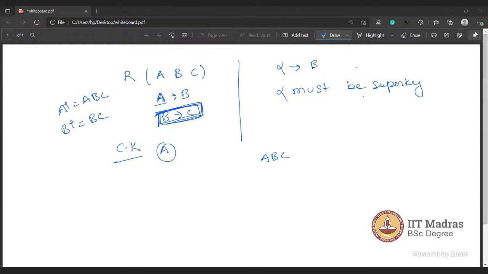I'm not calculating it using these functional dependencies, just assuming, for instance, that A and C are the candidate keys, right?